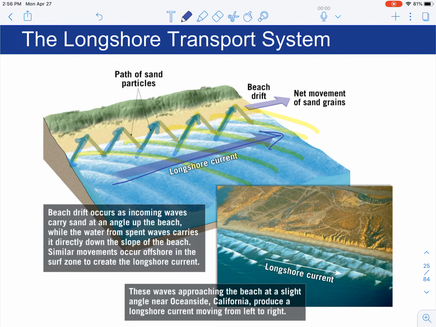You can see that here. The waves are hitting at this angle and then bouncing back, and the current itself is being driven that way. It causes sediment to be carried down beach, and you can see some of those sediment deposits right here along the berm.